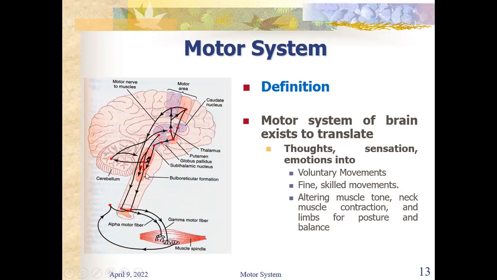You can see the bulboreticular formation that gives rise to some extrapyramidal tracts like the reticulospinal tracts. All of them terminate on the lower motor neurons of the spinal cord, the motor nuclei of the spinal cord. Arising from here, we have the lower motor neurons, the alpha and gamma motor neurons, innervating the skeletal muscles, which are responsible for movement.